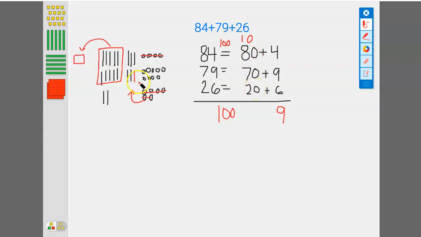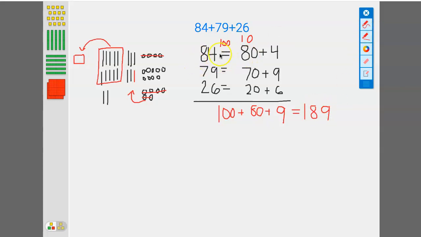So really, if you just take 80 and 20 here, you're left with 70 plus 10. So let's see that. 10, 20, 30, 40, 50, 60, 70, 80. We have 80 left. So then we're left with 100 plus 80 plus 9, which equals 189.